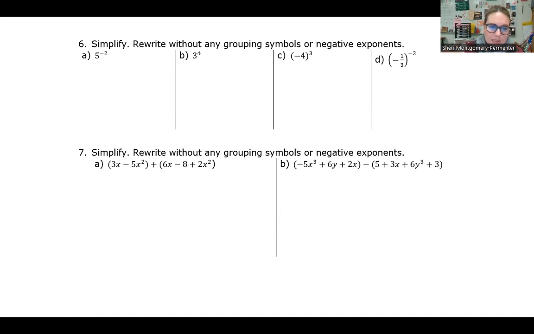Yeah, we have to rewrite it as a denominator. And what's 5 squared? 25. So it's the same as 1 over 25.